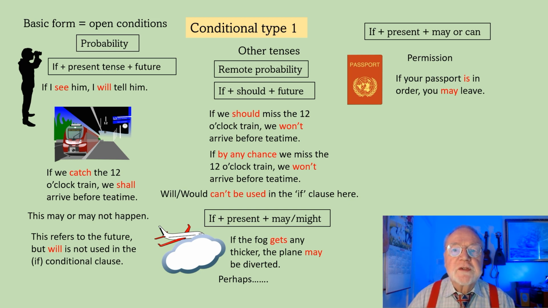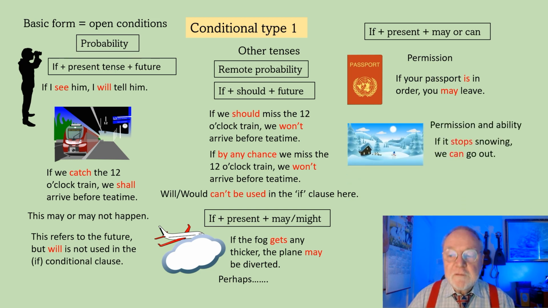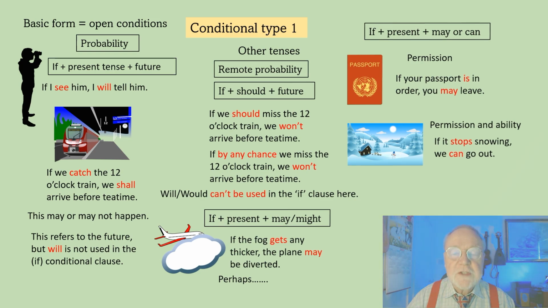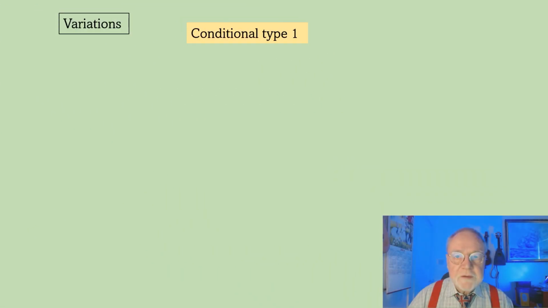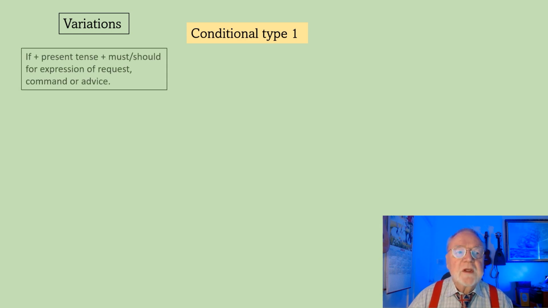And can works in a similar way. If it stops snowing, we can go out. Now you could look at that as we shall be able to go out, or we can go out because somebody has allowed us to do it. Permission and ability together. Here are some more variations of the first conditional.